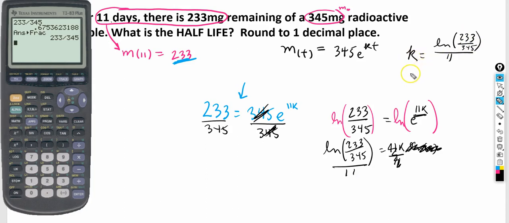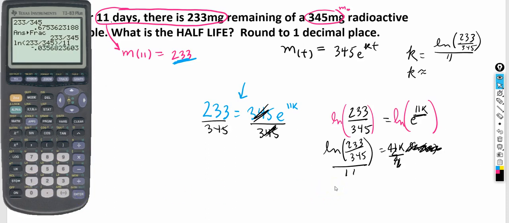Now I'm going to take k to 5 decimal places. So I'm going to put this in my calculator. So ln of 233 divided by 345, close parenthesis, then divided by 11.